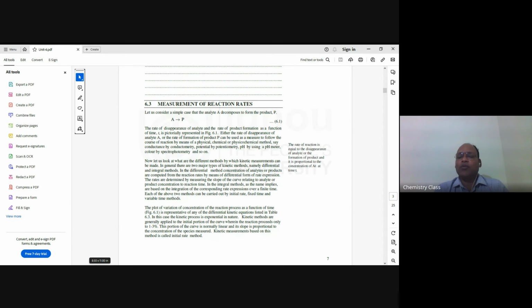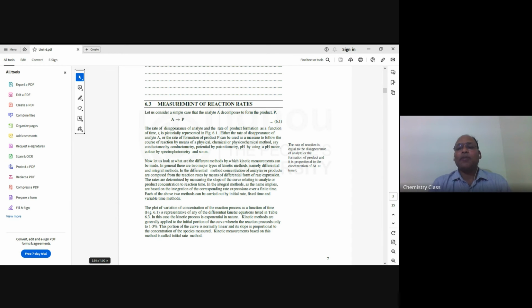Initially, when the reaction has not started, the concentration of reactant A and the concentration of reactant B are both 100%, because the reaction has not started yet. After some time, when the reaction has started, the products will be formed.